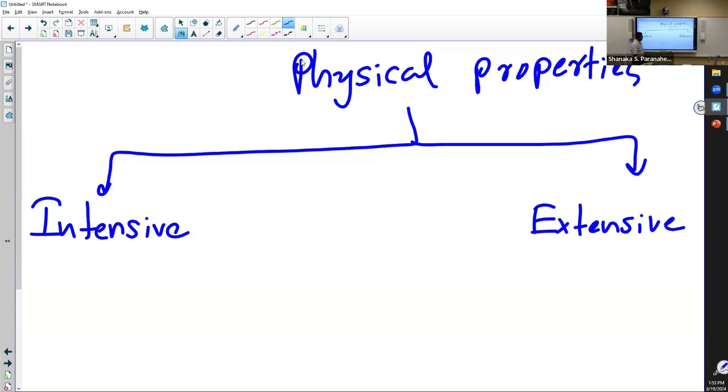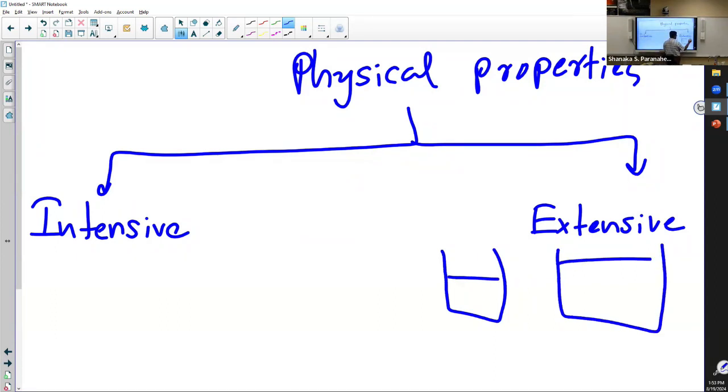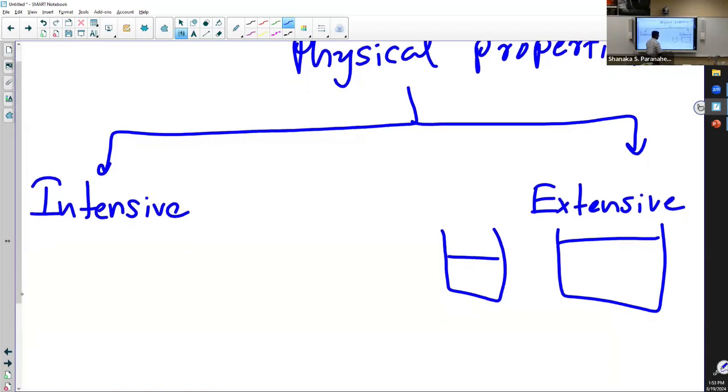If it is an extensive property, that property depends on the amount of substance we have. As an example, let's say we have two containers filled with water. We are going to measure the mass or volume of these samples. Let's say it's mass. The mass of this water is, let's say, 25 grams.